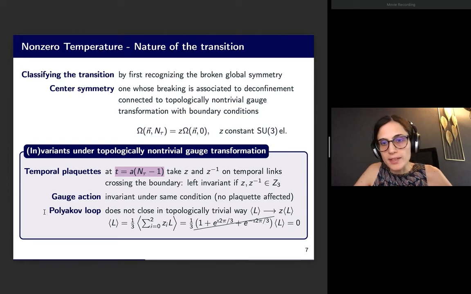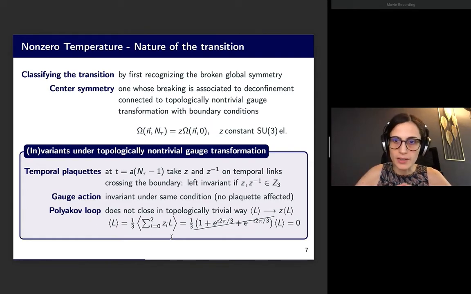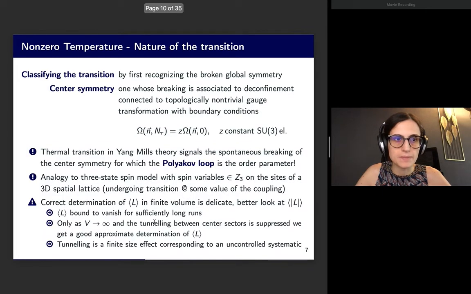There is, however, a quantity, and this is the important bit, that does not close in a topologically trivial way, and this is the Polyakov loop, that picks up a factor of z and lives with that factor of z. And this is what makes the connection between the breaking of this symmetry and the Polyakov loop being the correct order parameter for the phase transition, because that is going to be 0 in the symmetric phase and non-zero in the phase in which this symmetry is broken, based on the relation that you can read out in the slide.